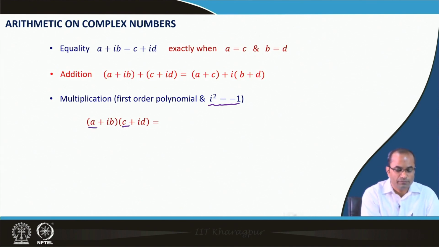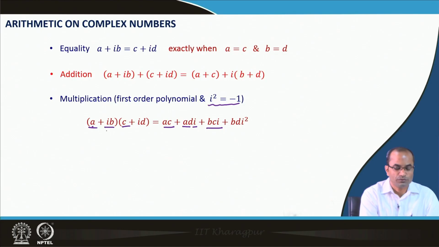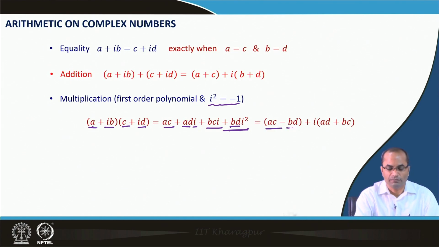So, a is multiplied by c, so we have ac; a multiplied by i d, so we have ad with the i; then i b with c, so we have bc with i; and also i b with i d, which is i squared multiplied by bd, and i squared is minus 1, so this is minus bd. So, we can write ac minus bd, and with this i we have ad plus bc.